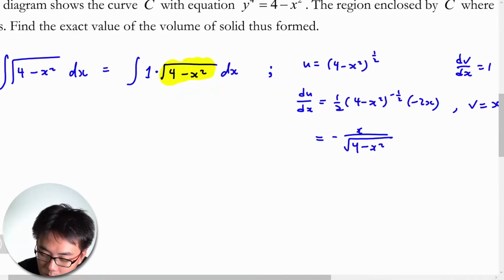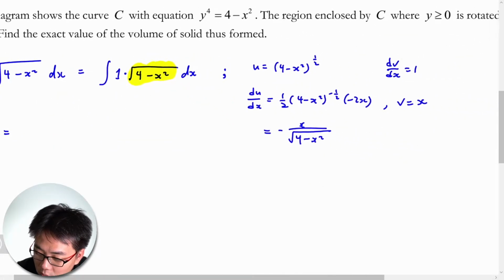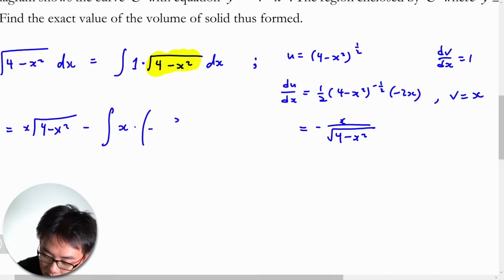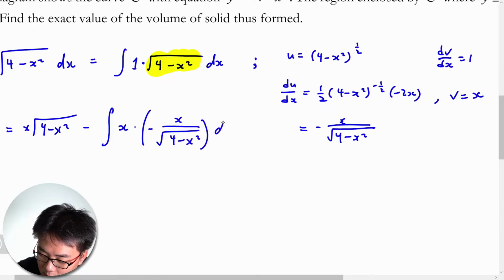Perfect. So by parts, the first stage, uv, which is x times the square root of 4 minus x squared, minus the integral of v du dx, which is actually minus x squared over the square root of 4 minus x squared dx.